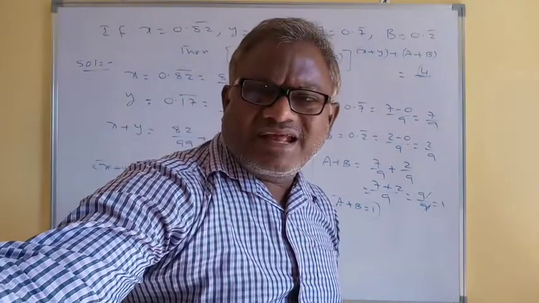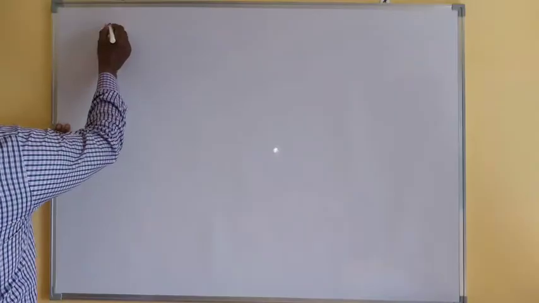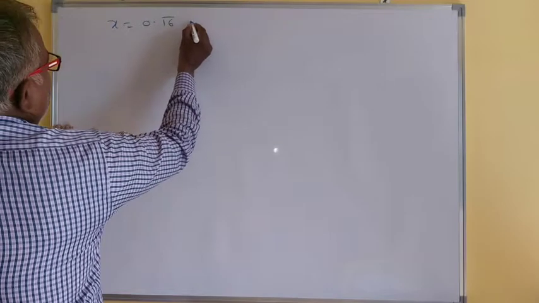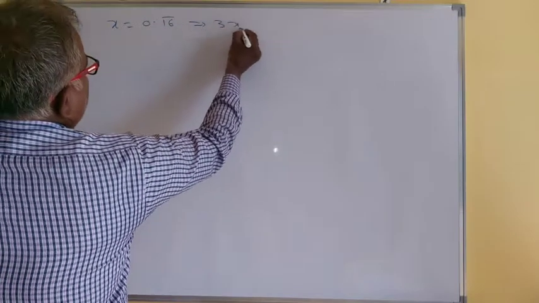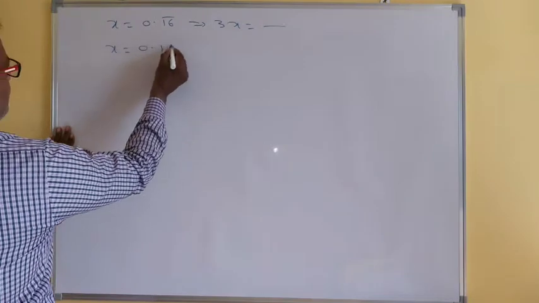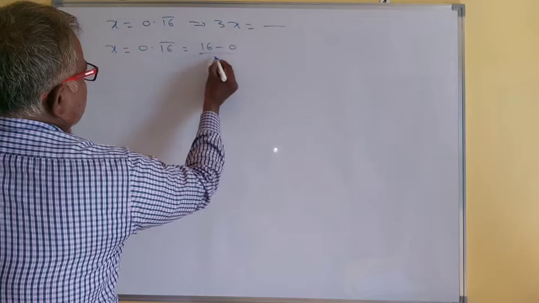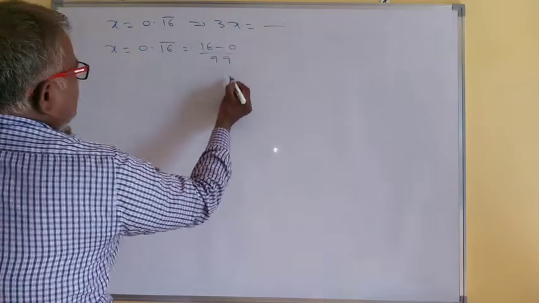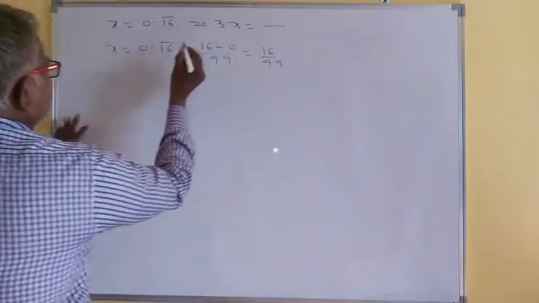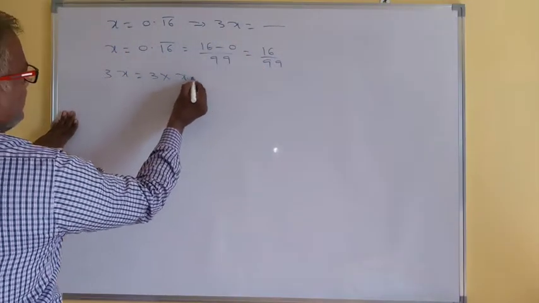Okay. Next one. For suppose one more problem. If x is equal to 0.16 bar, then 3x is equal to dash. Here x is equal to 0.16 bar. That means simply 16 minus 0 by 2 nines is equal to 16 by 99. Now 3x means 3 into x.